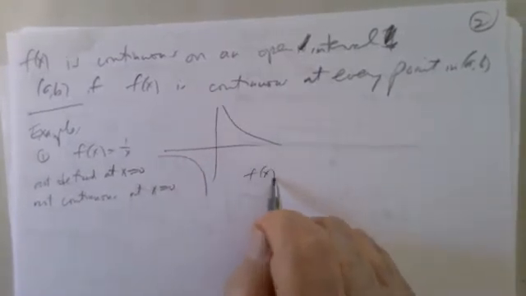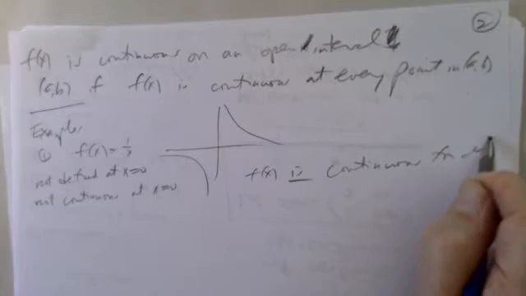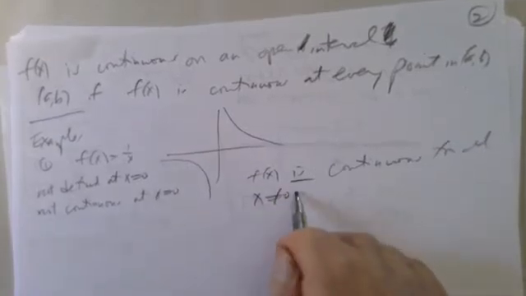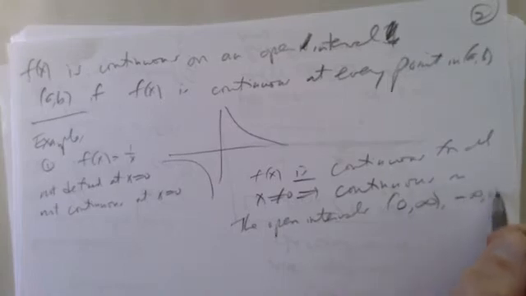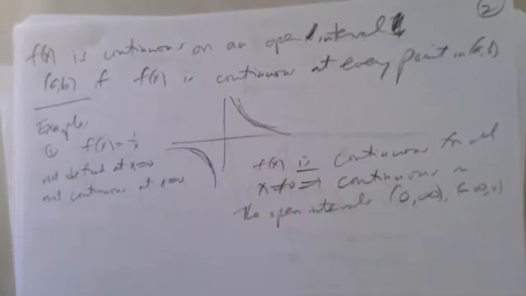But this function f of x is continuous for all x different from 0. So this is continuous on the open intervals from 0 to infinity and from minus infinity to 0. So at any point along this hyperbola, the function is continuous, but it's not continuous at 0, it's not defined at 0, and in fact, the limit as you approach 0 doesn't even exist.